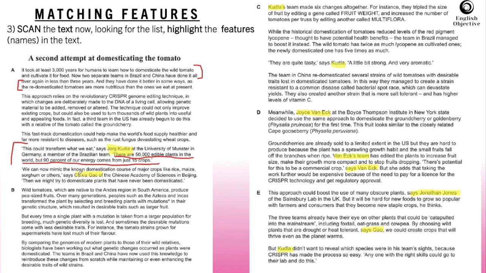We can now mimic the domestication course of major crops like rice, maize, sorghum, or others. Okay, so mimic domestication course of major crops. Then we might try to domesticate plants that have never been domesticated.